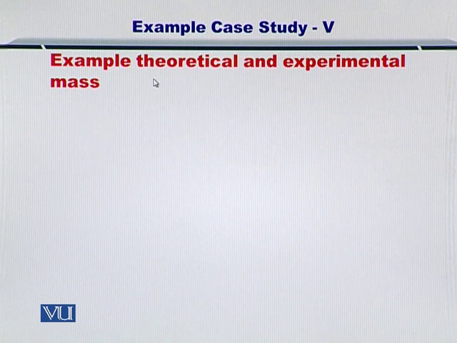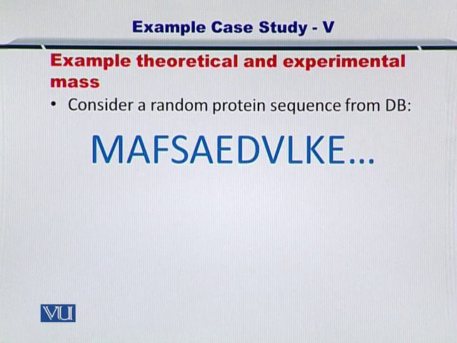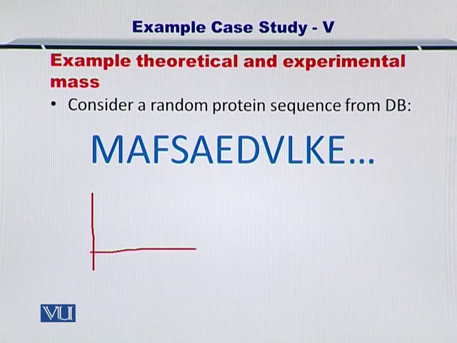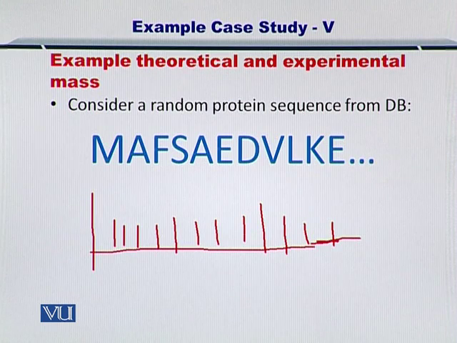As a last step you have to compare the theoretical and experimental masses. With the same protein that we are working with, you generate all the possible theoretical spectra, right? And then you compare them with the experimental data that I'm going to draw here.